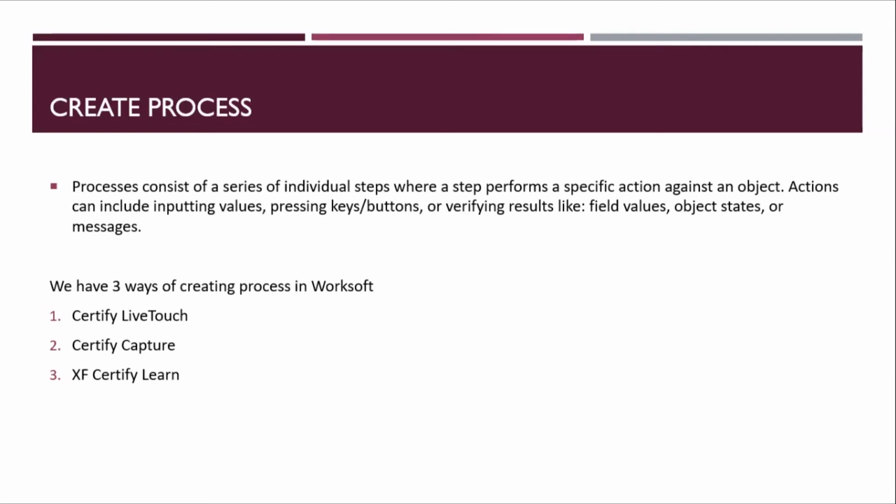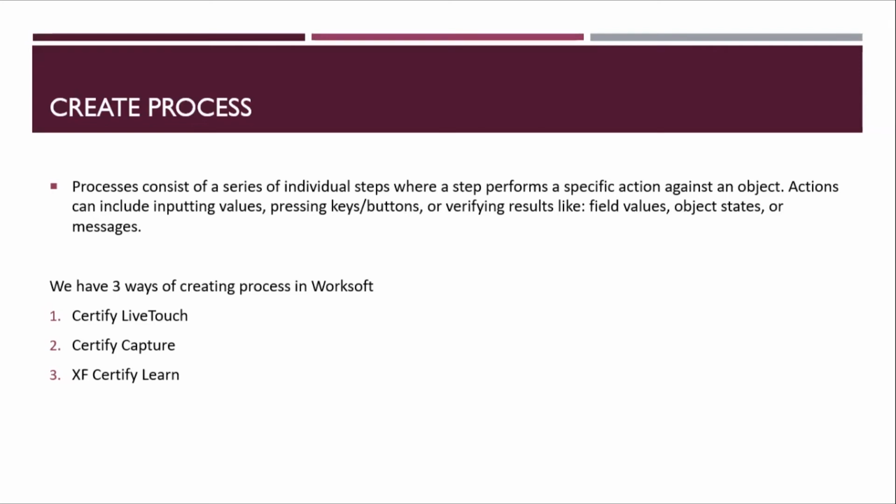Live Touch means we have to identify and map each and every object. Capture is like record and play. Once you click on Capture, you do everything as you would manually, and it will automatically create the objects and the steps in the back end.